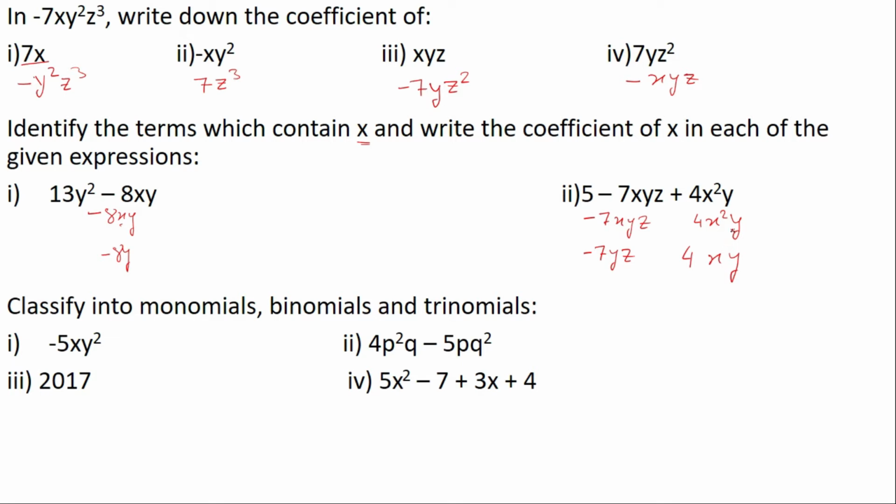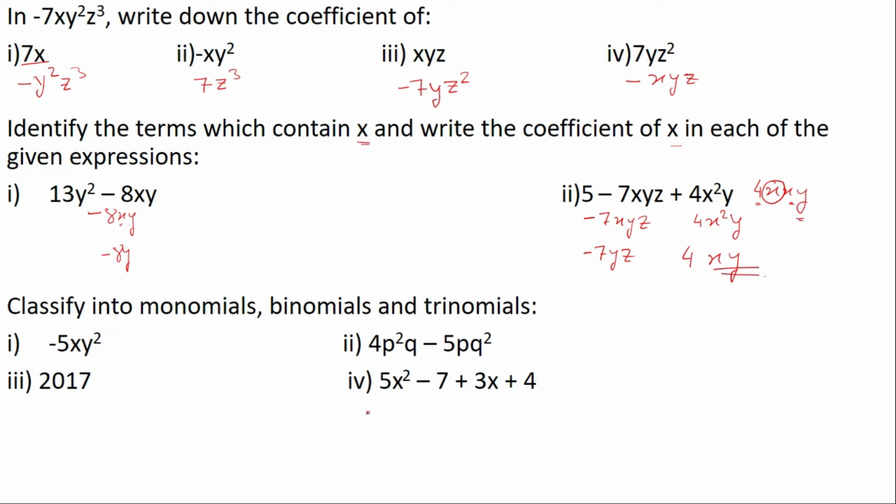Now you can see I have written x here, but in the question it is given write the coefficient of x. Since we are having 2x here, so we have to find out the coefficient of 1x only. So whatever the remaining is, that is 4, x and y, we have to write down.